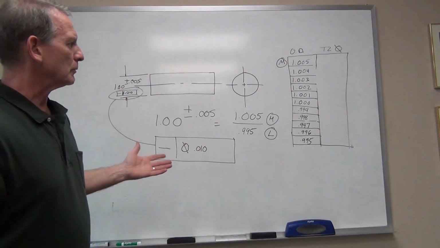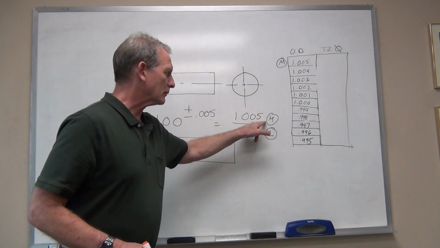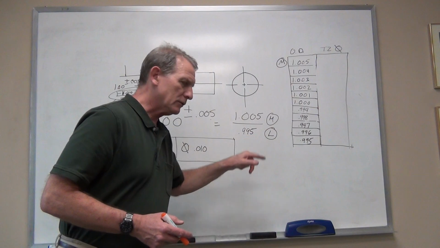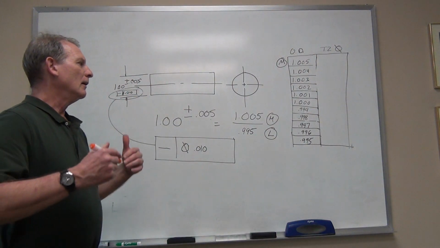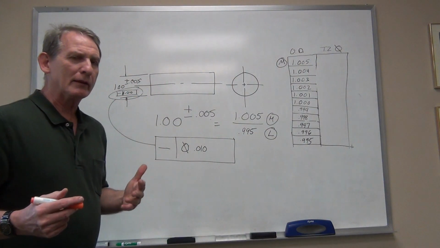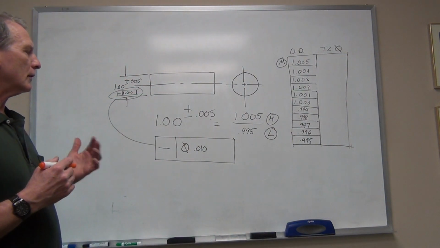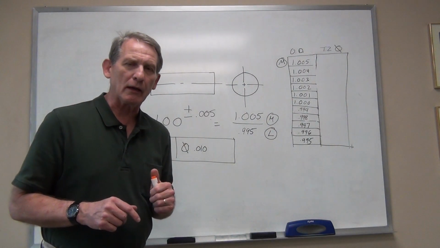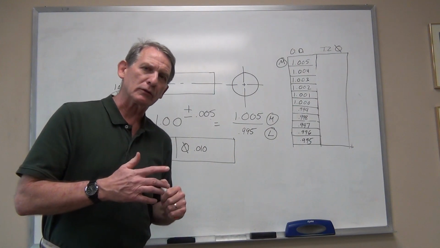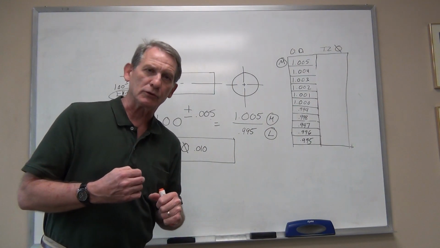It's a shaft, so it's a male feature. This is the maximum material condition. This is the least material condition. And we've done everything that we did in that previous video. So now we're ready to start looking at material condition modifiers, where they show up in the feature control frame and what they do to the tolerance zone.